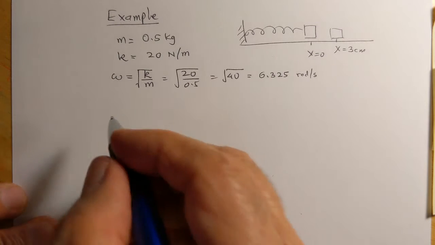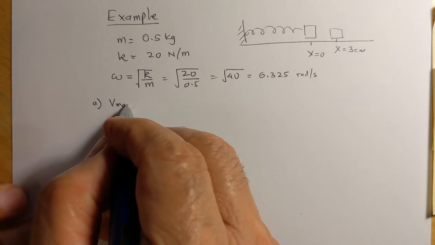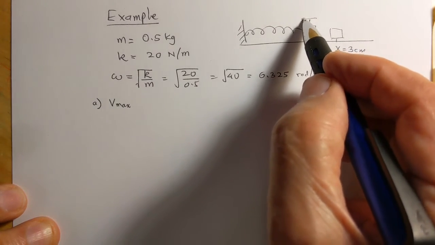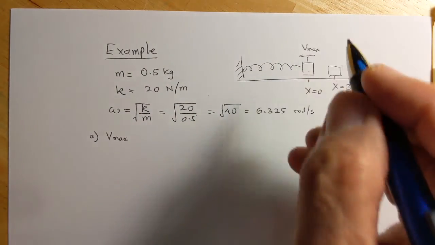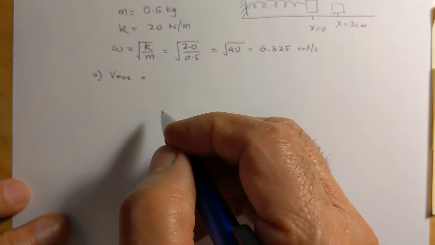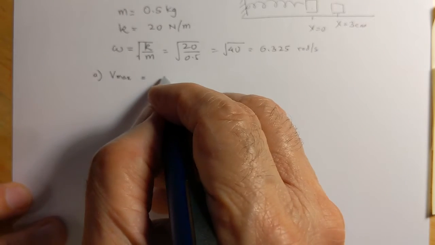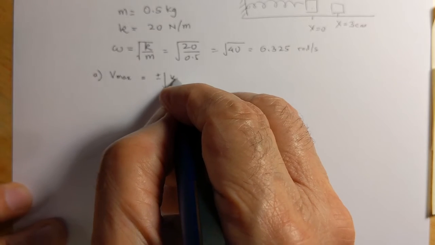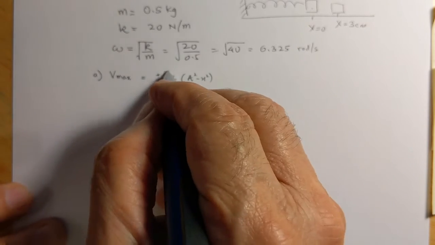And now we want to find the first thing, which is V max. So what is the velocity when it's crossing this point? That is going to be V max. And we can use the equation that we just saw, that V would be the square root of k over m times a square minus x square.